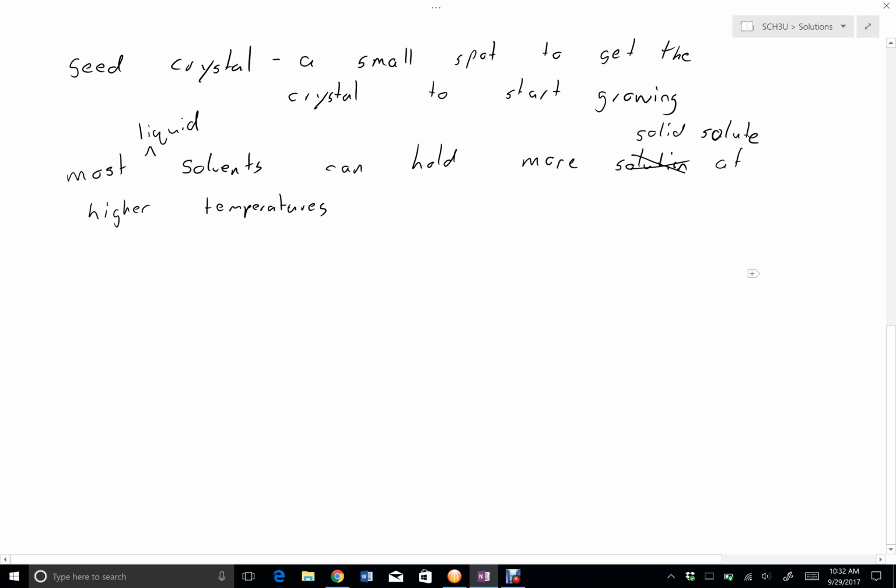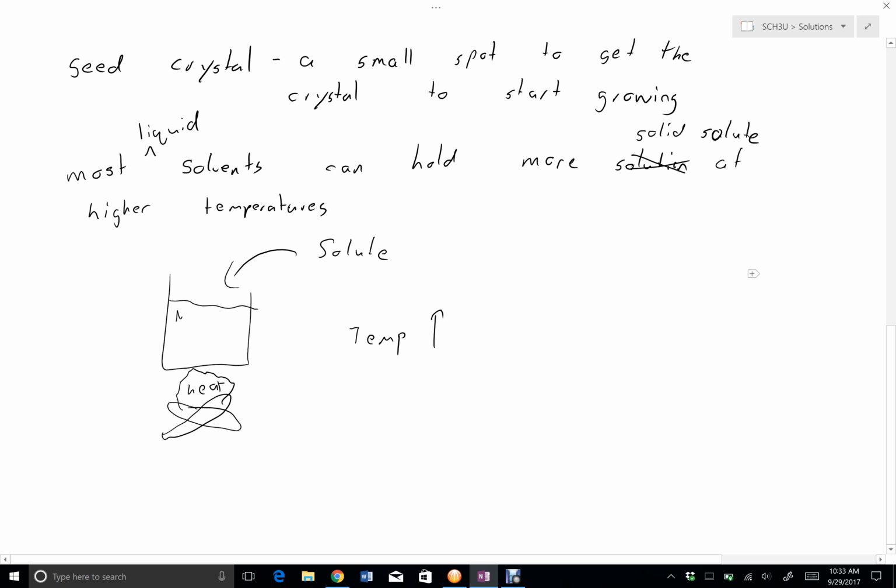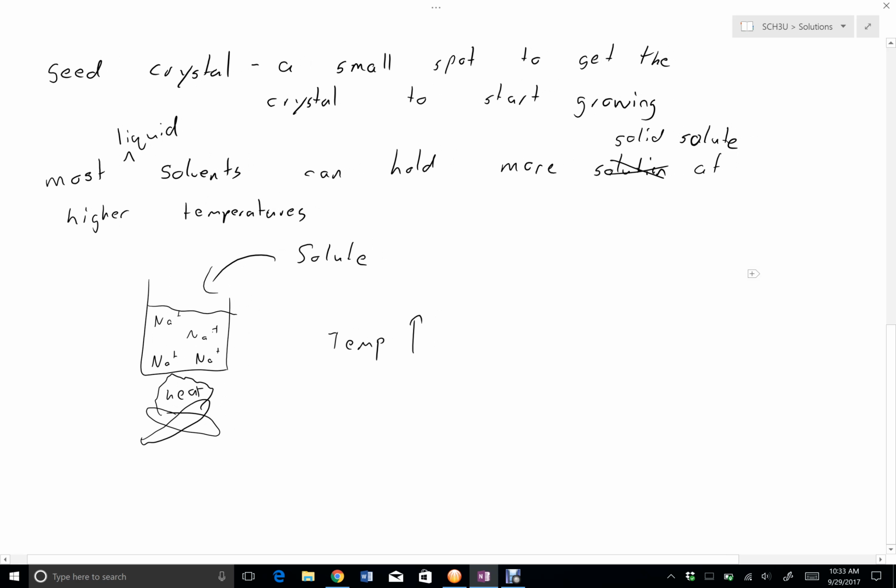So what we can imagine doing here then is we can imagine taking our liquid and heating it. Here's my little fire. Heating it. Get the temperature up. Then we can dump in a lot of solute, and more of it will dissolve than otherwise would have.